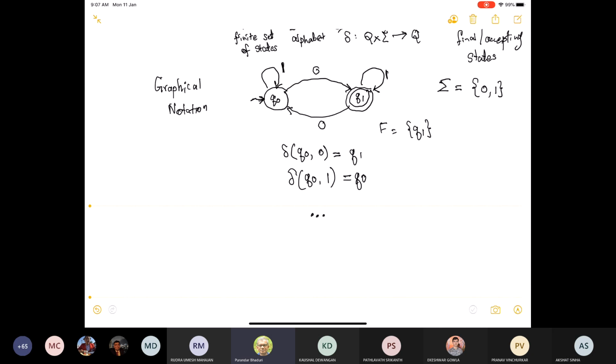I'm just illustrating the notation. If both Q0 and Q1 are final states, then we'll put a concentric circle around Q0 as well, right? But of course, this doesn't tell us how the DFA behaves.